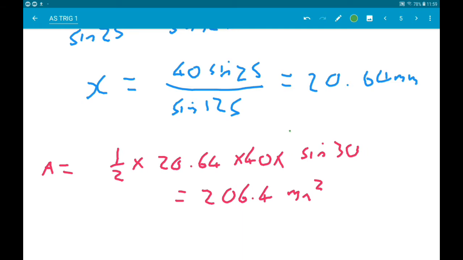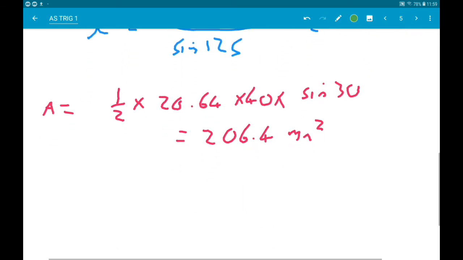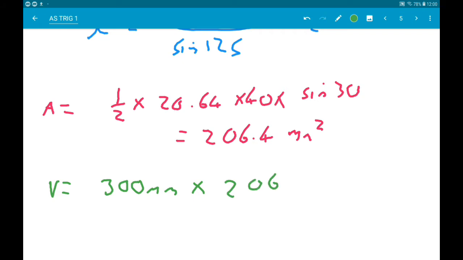We can get the volume, which is 300 millimeters times the area, 206.4 millimeters squared.